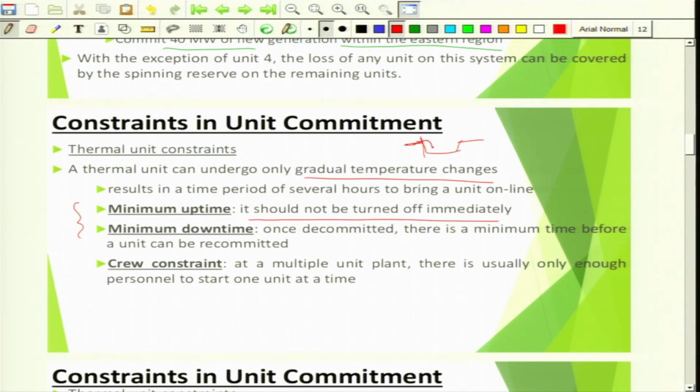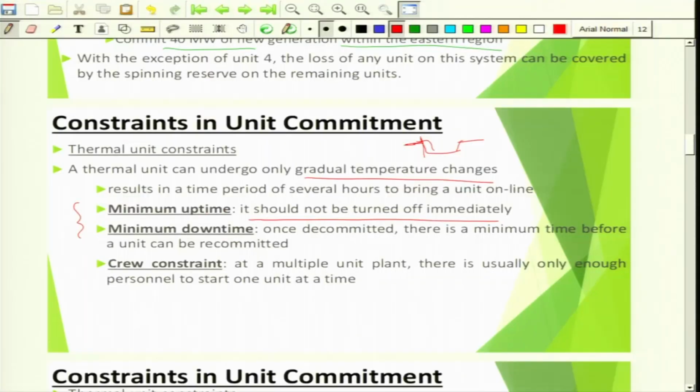So that is called minimum uptime. It should remain in the system for some time before it can be turned off. You cannot allow it to be turned off immediately. It is not possible to turn it off and meet the expectation.